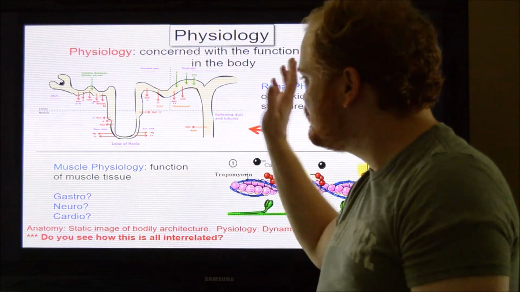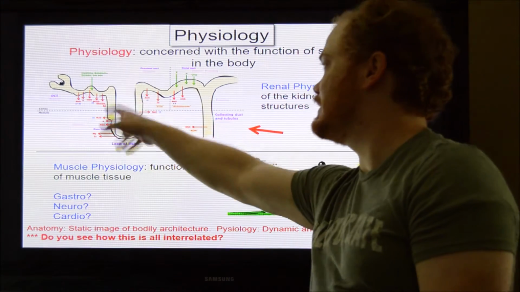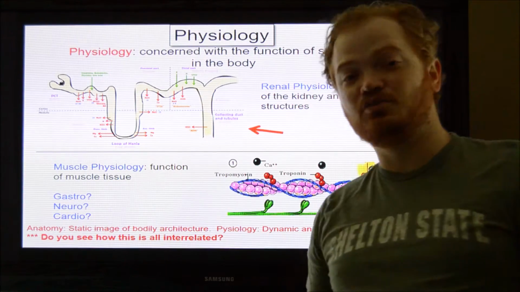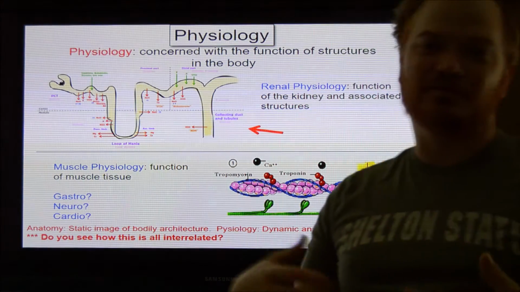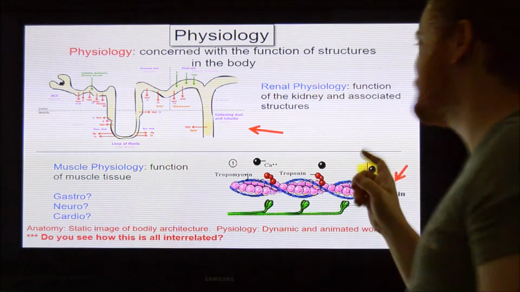It's really just amazing. The anatomy is talking about Bowman's capsule and the loop of Henle and the convoluted tubules. The physiology would be talking about glomerular filtration, and how it actually works. So anatomy versus physiology.